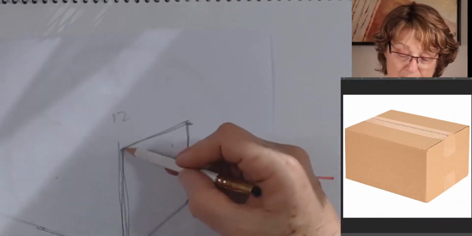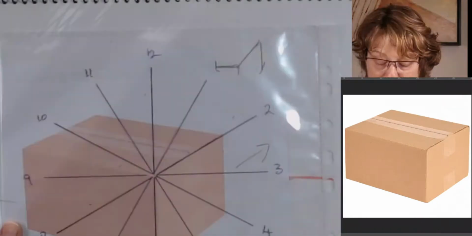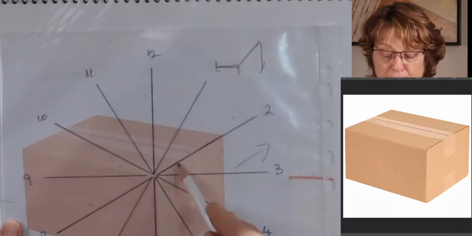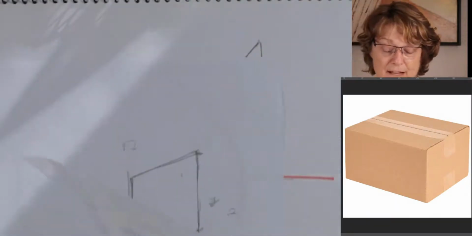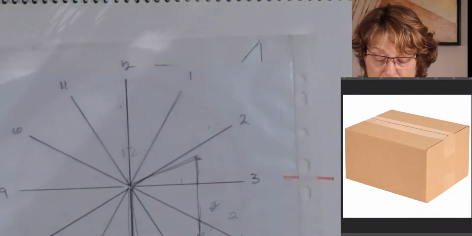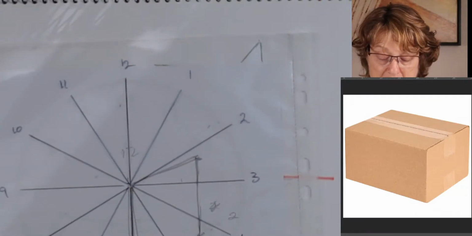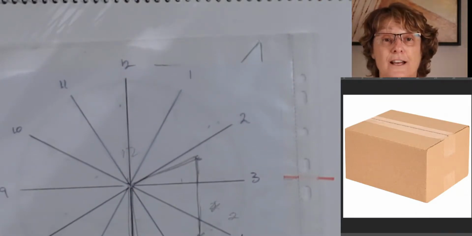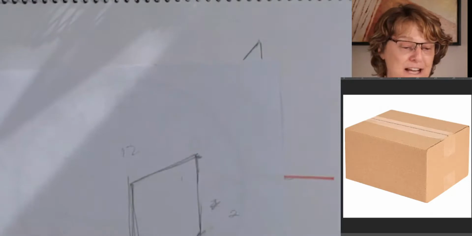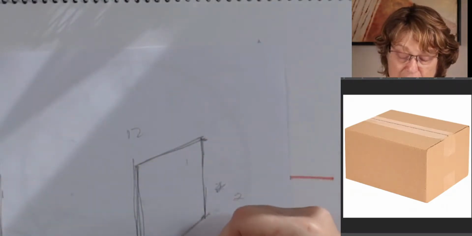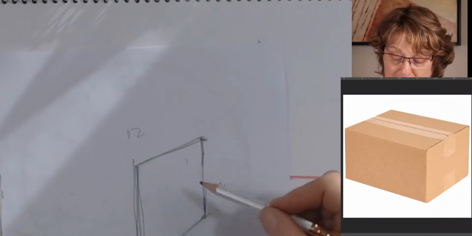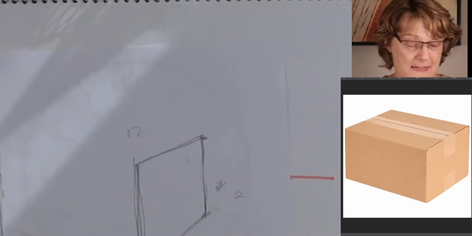Now, what I didn't do was compare it to that, did I? If I come back to my box, that top corner, that was 2 o'clock. Let's see with my measuring if that is also 2 o'clock. No, it's not. The reason is because I didn't compare that to that. I only compared that to that.